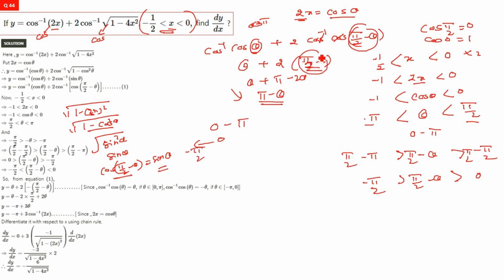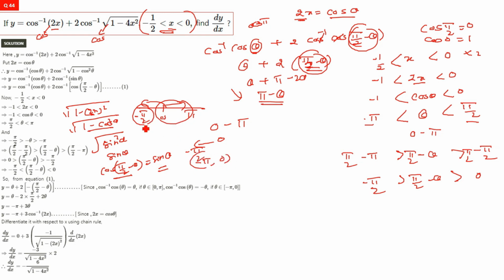The range for cancelling cos and cos inverse is simply 0 to pi. If I explain it in a vague way, 0 to pi is on the right, 0 to negative pi by 2 is on the left. So when you go to the left, you cannot just put pi by 2 minus theta as it is. When you cancel cos and cos inverse, you have to have a negative there.